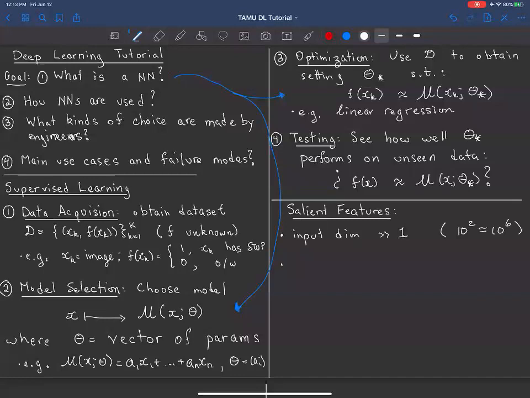Another salient feature is the number of parameters in a neural network, so the number of thetas, this vector theta. In the linear case, for example, it describes the coefficients of the linear function, but in a neural network, we'll see they describe something called weights and biases. Typically the number of parameters that you train is actually way bigger than the number of data points that you have, and they're both very, very large.